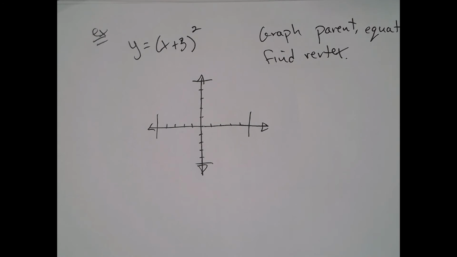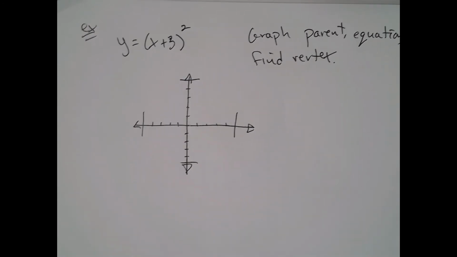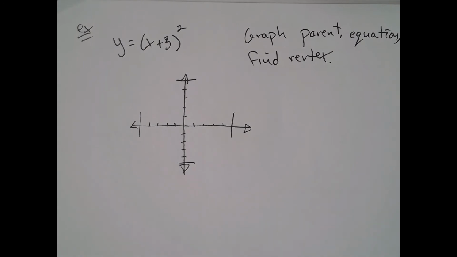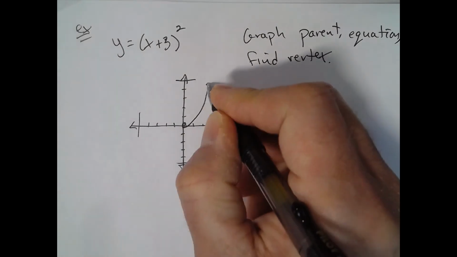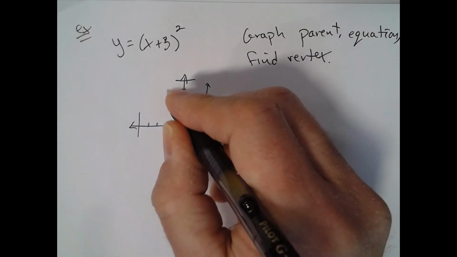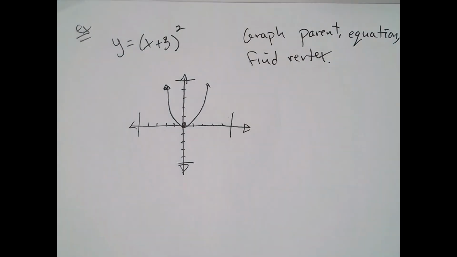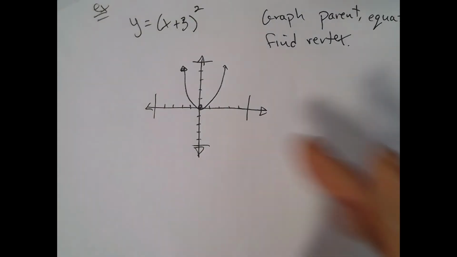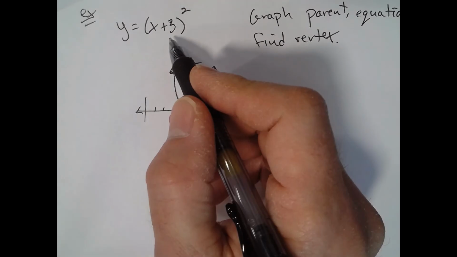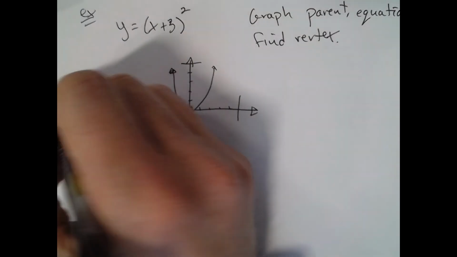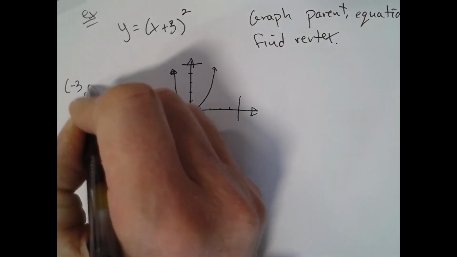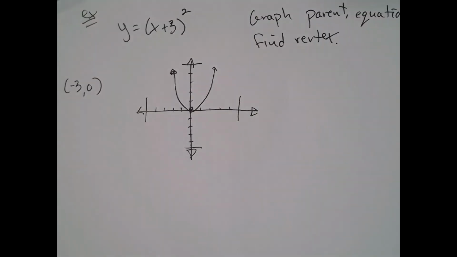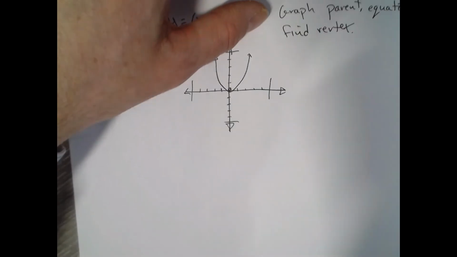Alright, so graphing the parent graph is just y equals x squared. It's centered at 0, or vertex is at 0, 0, kind of looks like that. So now we're going to graph this one. The x plus 3 means that the vertex is going to be -3, 0, because it shifts it 3 to the left.